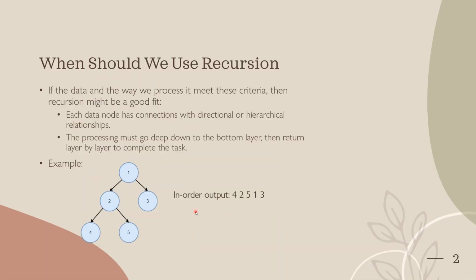In-order traversal means that the left subtree is visited first, then followed by the middle node, and finally the right subtree. Okay? Each subtree is also visited in this exact order. For example, if we traverse it in order, the output will be 4, 2, 5, 1, 3.